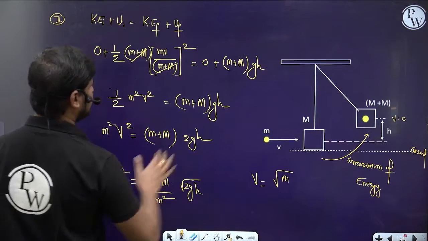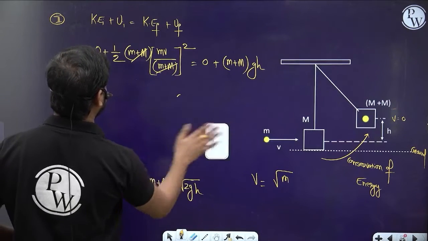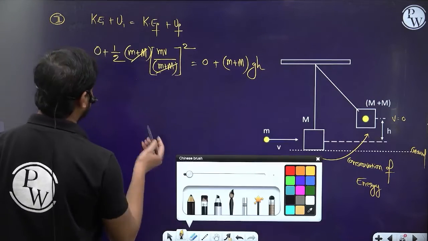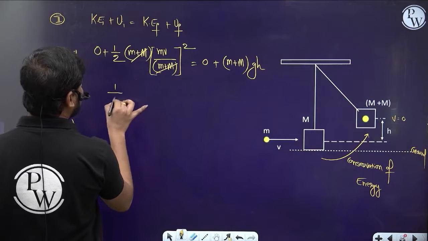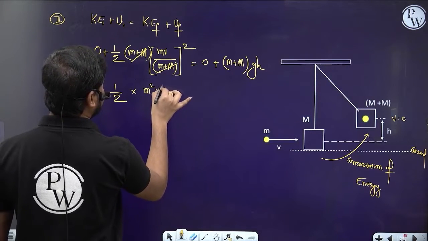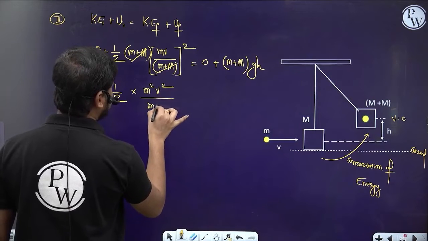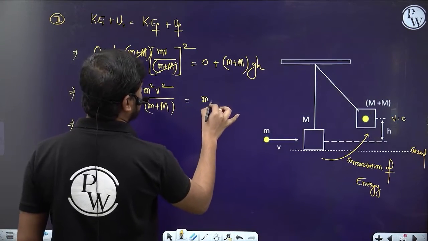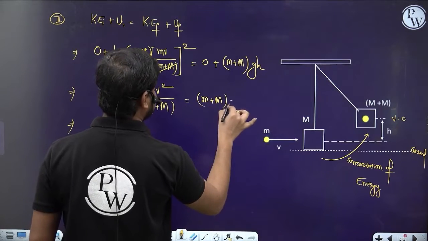Sorry, here I did the calculation mistake, my bad guys. Here only one (M plus m) gets cancelled, right? One more (M plus m) will be there. So here half into m square v square by (M plus m), one more will be there. Very sorry, I did not check this one. So it is equal to (M plus m) into gh, right?